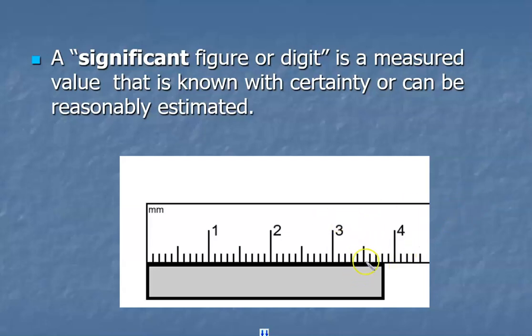It's actually over 3.5, and this is 3.6, 3.7, 3.8. So we could say with pretty great certainty it's 3.8 centimeters. And if you look really close, it's not quite to the halfway point, so maybe like 3.84. So that 4 we could estimate, so that would be considered a significant digit.